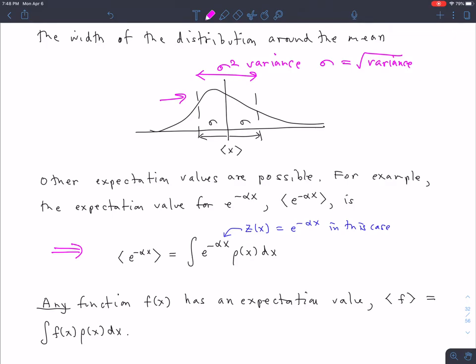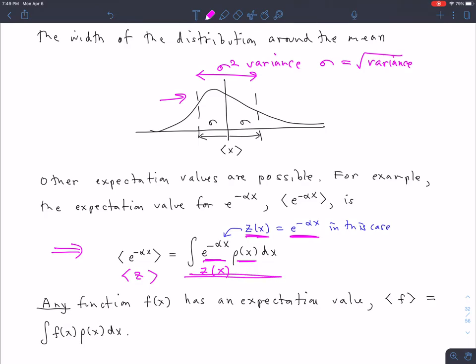So, for example, I said before that if you've got some function z of x, you can calculate an average value for z. So in this case, I set z equal to this exponential function. I can put any function in there at all. I could put a cosine in there. I could put a log in there, anything at all. I put that into my integral. I multiply by my probability density.